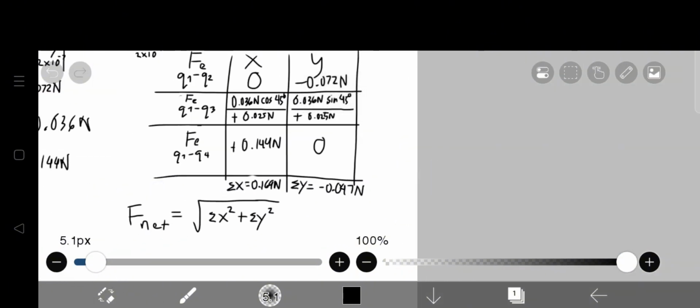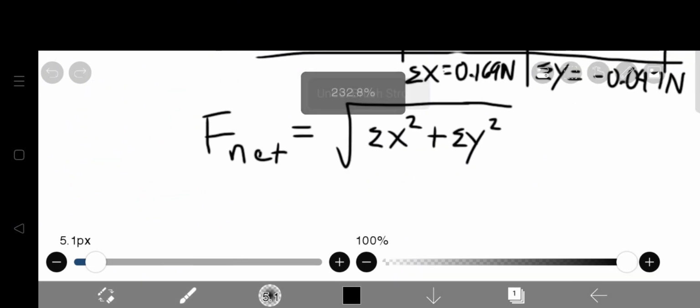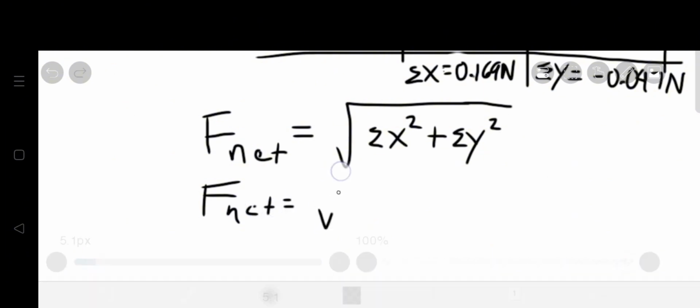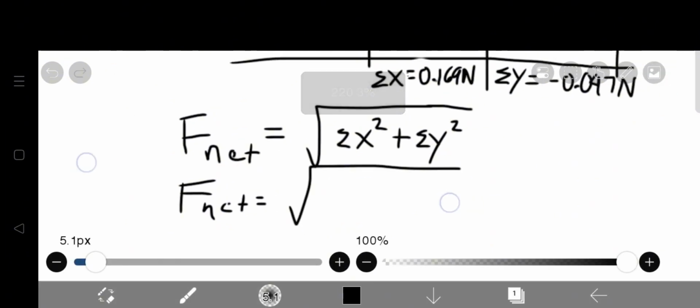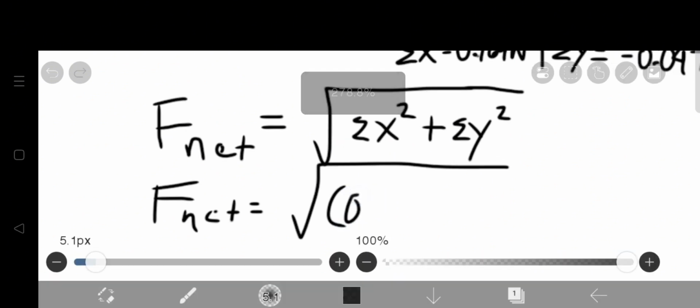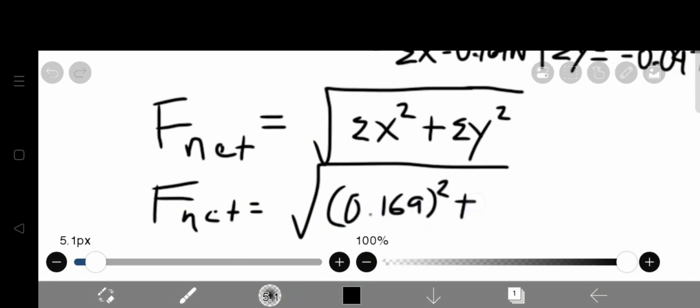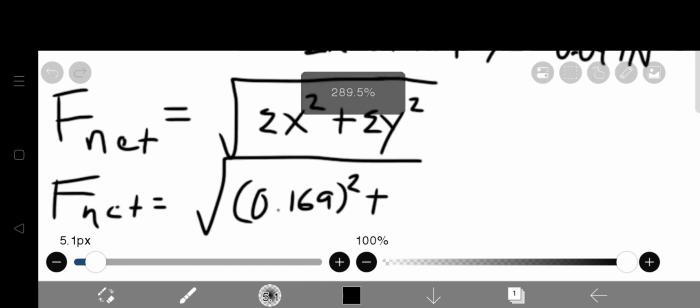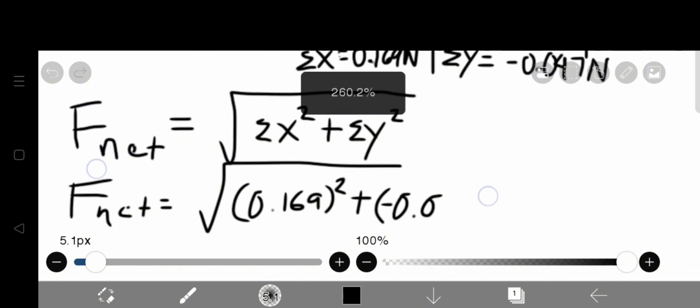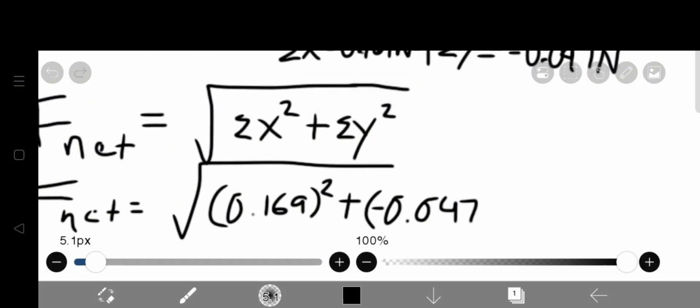Now, since may summation na tayo of x and y, pwede na nating i-substitute yan sa Fnet formula natin. So, Fnet would be the square root of the summation of x squared, which is 0.169 squared, plus the summation of y squared, so that would be negative 0.047 squared.